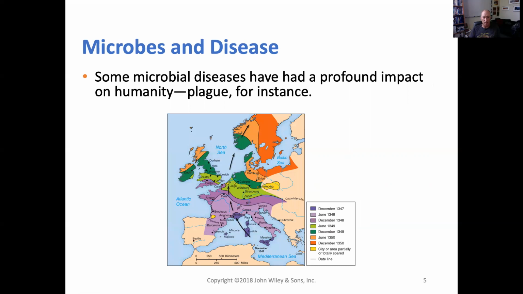Just to illustrate, though, some of the impacts that microbial infectious diseases have had on human history. The classic example is bubonic plague, or the Black Plague, which is caused by a bacteria called Yersinia pestis. This hit Europe coming from China and India in the mid part of the 14th century, so around 1347 it was first seen.